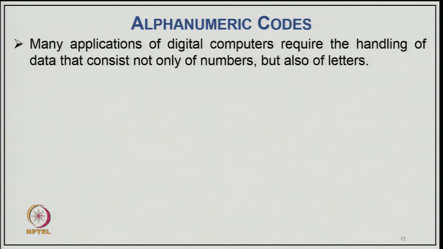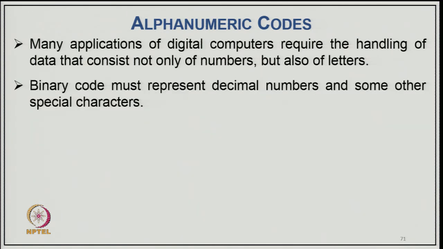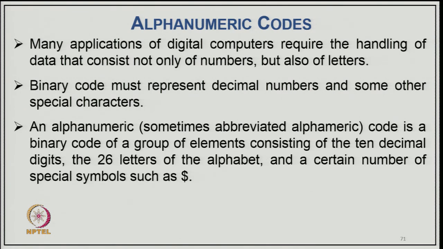Now, coming to alphanumeric codes. Many applications of digital computers require the handling of data that consists of not only numbers, but also letters. So, binary code must represent decimal numbers and some special characters.